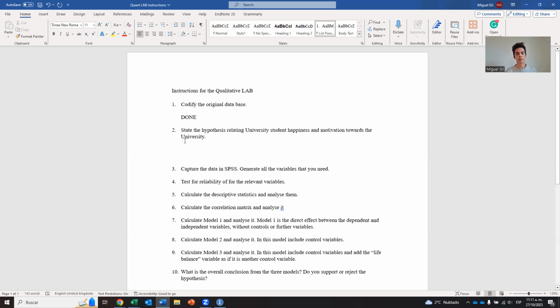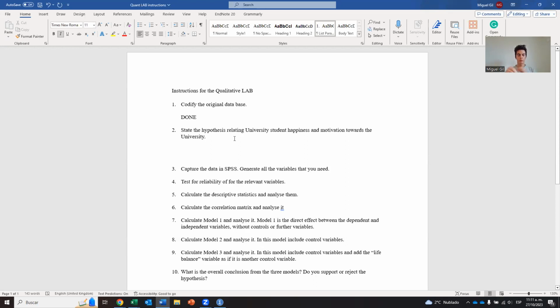The second point states the hypothesis relating university student happiness and motivation towards the university. So we need to state that hypothesis, and that's very, very important. So we are going to actually write something in here.